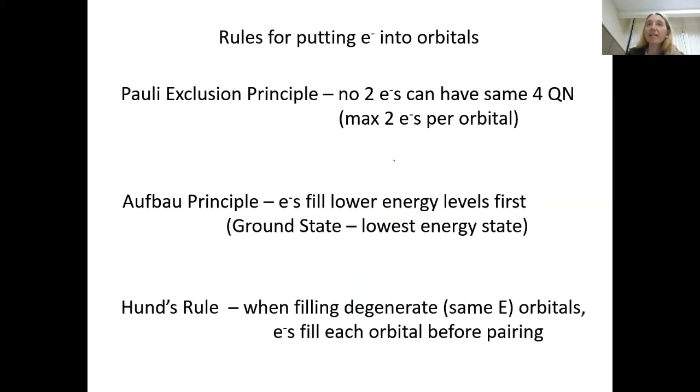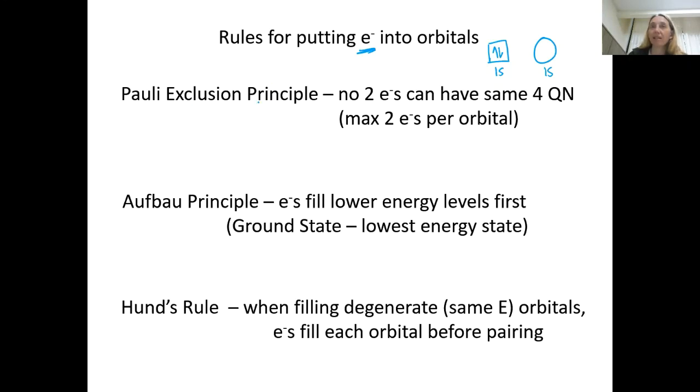Okay, so since we can put these electrons into orbitals, right? Into these boxes or into these shapes. So here's a 1s orbital box or the 1s orbital shape, right? So this is the representation of 2 electrons in this orbital shape. There's rules that we have to follow to put electrons into these orbitals.